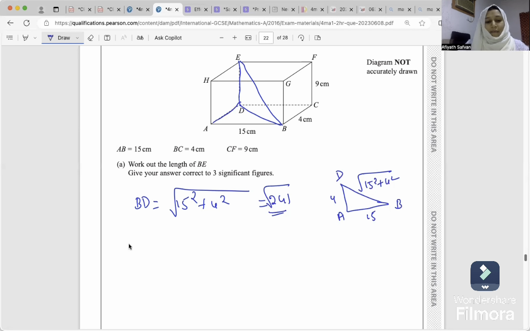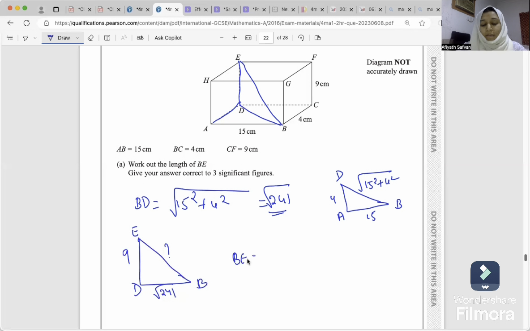Now I'm taking a second triangle, which is B, E and D. You want to find BE when DE is 9 and DB is already found, root 241. Once again, we are applying the Pythagoras theorem.